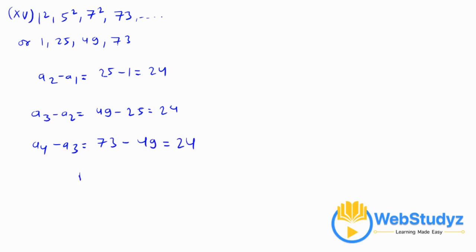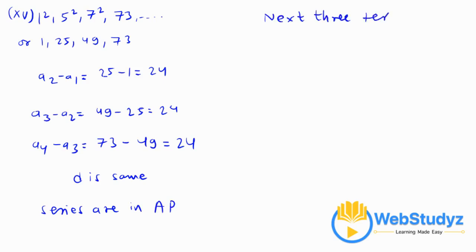So as we can see, D is same every time. That means the given series is in AP. So we have to calculate its next three terms. So the next three terms will be A5, A6 and A7.